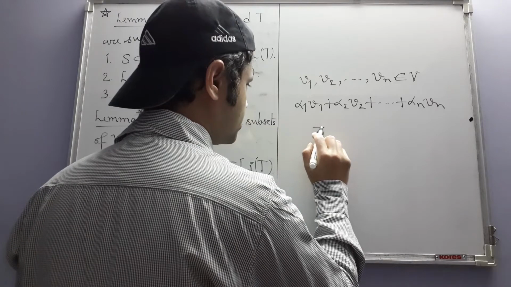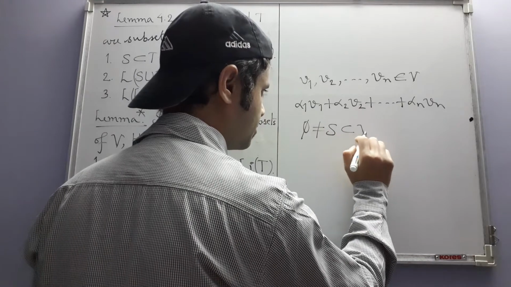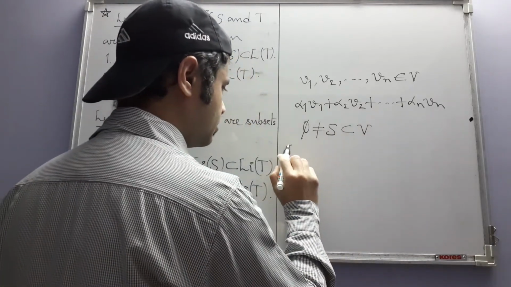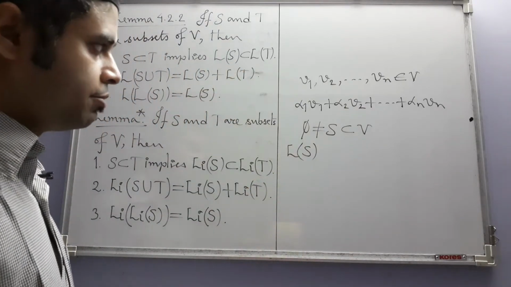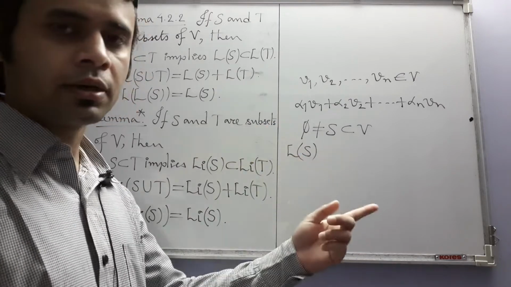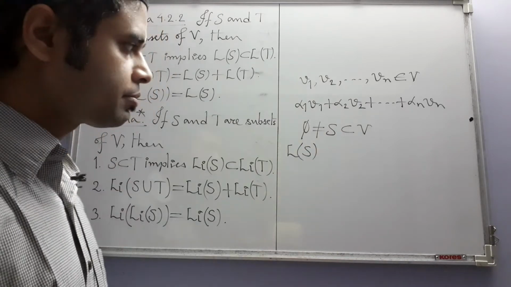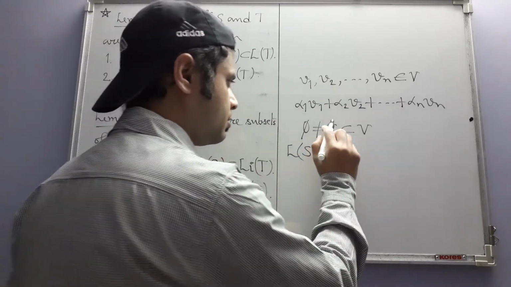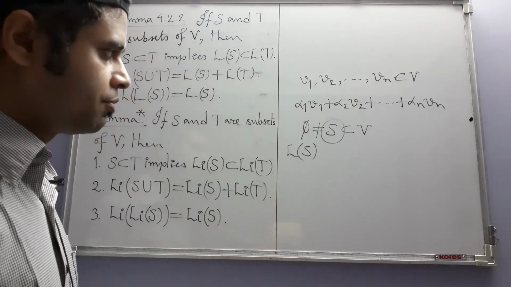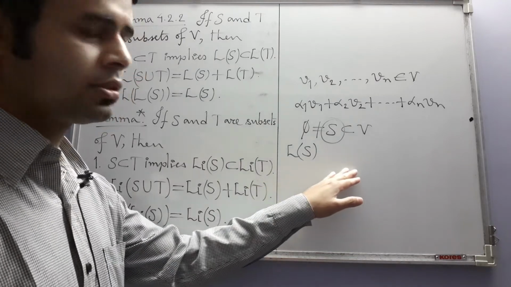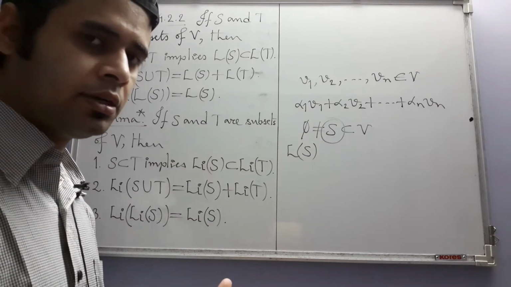If a non-empty set is given to us, which is a subset of the vector space, then the linear span of S, denoted by L of S, is defined to be the set of such linear combinations where the vectors are coming from the set S. Note one thing, that the set S itself may be infinite, but when we consider linear combinations of elements of S, in one such combination only finitely many elements will be there.